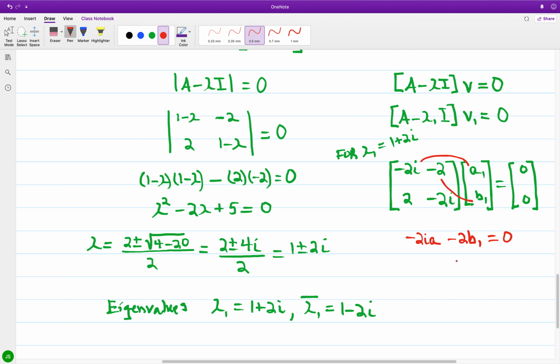And so we can say that negative 2i a1 is equal to 2 b1.